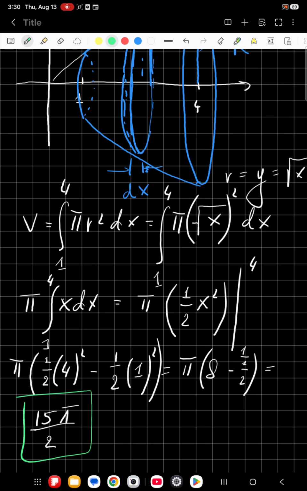Yeah, so that's one example. Let me do one more, and that is going to be it. Okay, so example 2. Yeah, and I'll give you a couple of problems for homework as well.